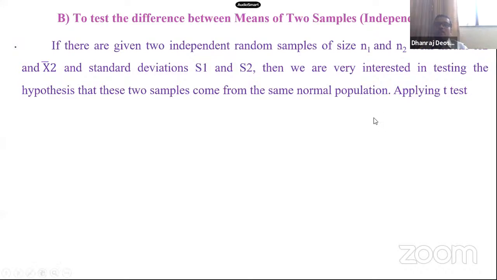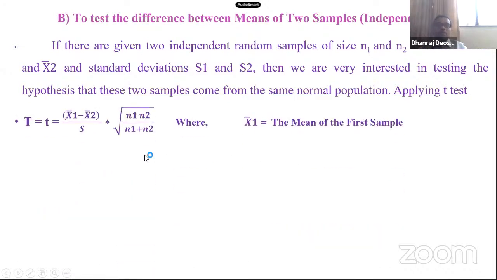So n1 is the size of the first sample and n2 is the size of the second sample, with means x bar 1 for the first sample and x bar 2 for the second sample, and standard deviations s1 for the first sample and s2 for the second sample. Then we are interested in testing the hypothesis that these two samples come from the same normal population or not, applying t-test.